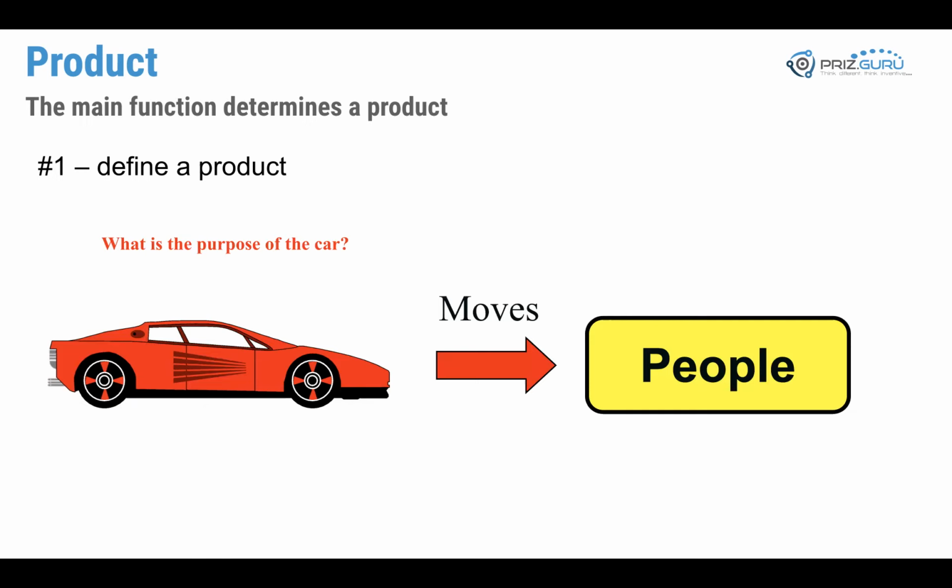If we're trying to analyze how well it performs for the person that it drives or moves, or whether it's a cargo or not, the function is to move. Or if it's a Ferrari, it could be to make people happier. It could also be a function, but still, in both of these cases, the product is people.